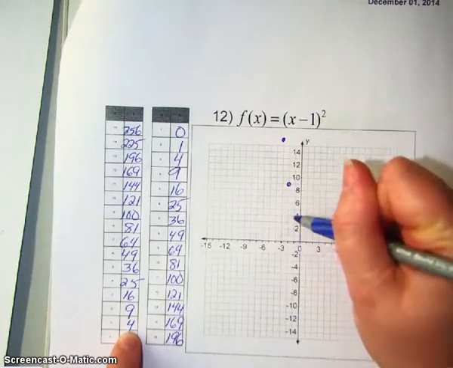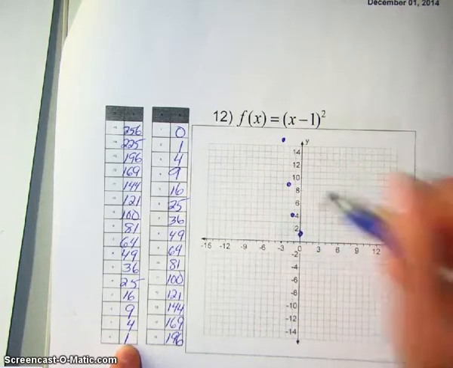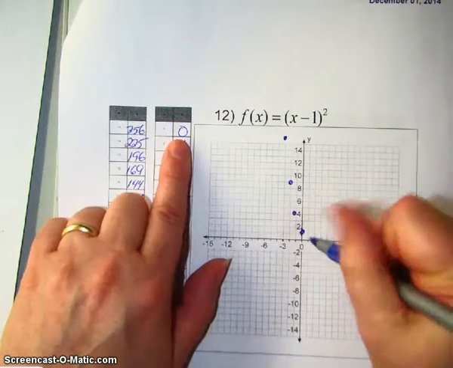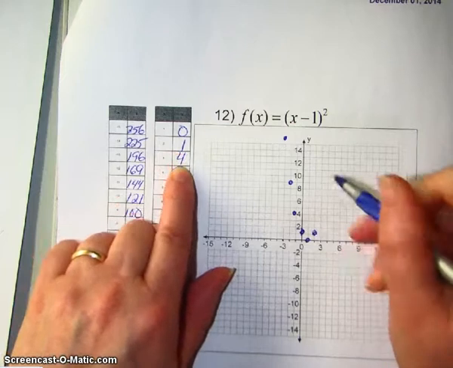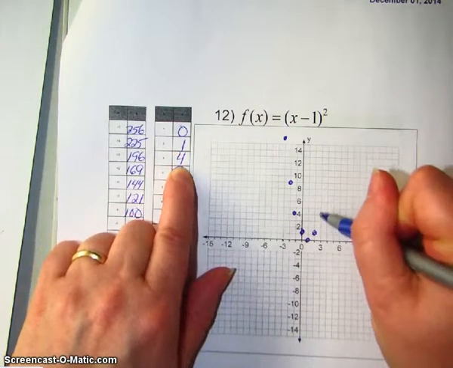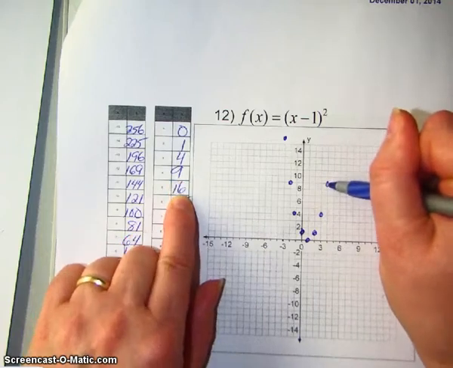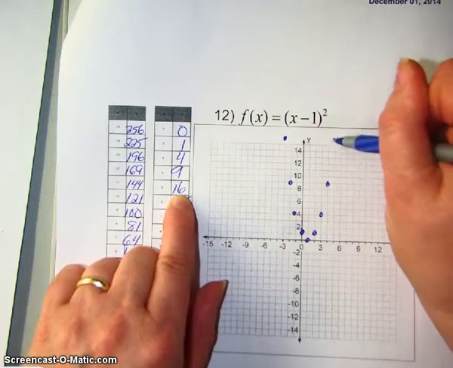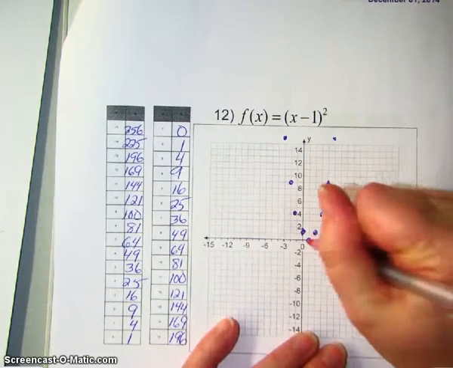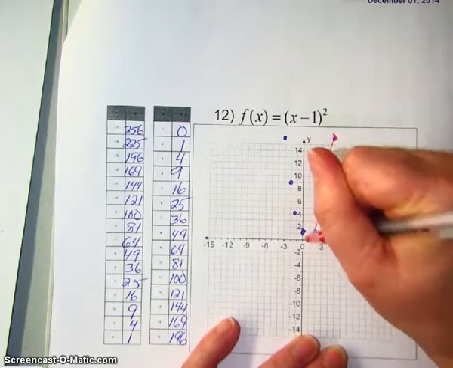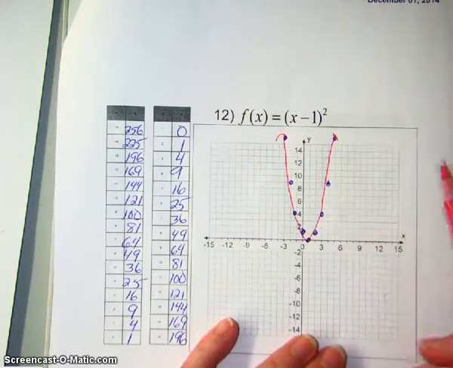Negative 1, 4. 0, 1. 1, 0. 2, 1. 3, 4. 4, 9. And 5, 16. You know the shape of a quadratic equation is a parabola. Here, my vertex is at 1, 0, so this shifted to the right 1.